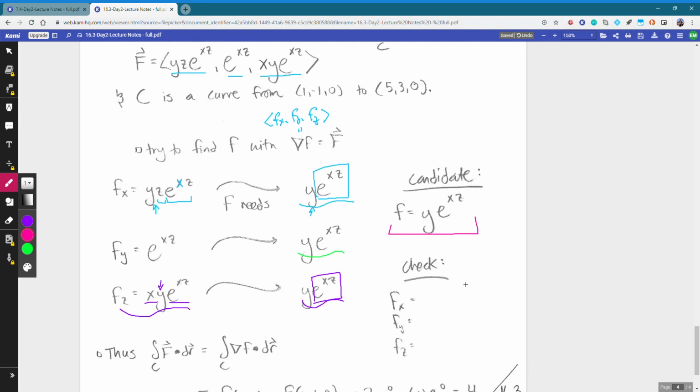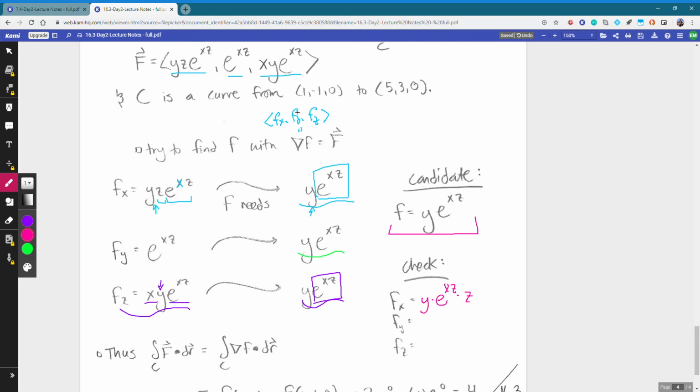And so we just need to go through and take this thing's partials to check it out. And with respect to x, again, we have that y just hanging out as a constant multiple. The exponential stays, and then for the chain rule, the derivative of the exponent is going to be z.